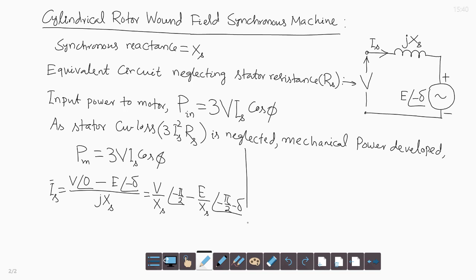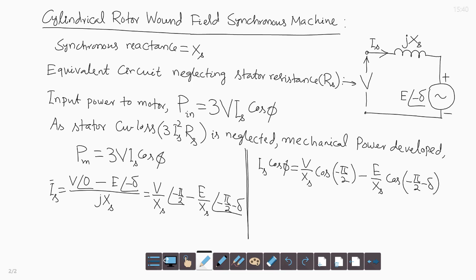So, with that, let us determine IS cos phi. In the power expression we have V IS cos phi. So, IS cos phi is V by XS cosine of minus pi by 2, minus E by XS cosine of minus pi by 2 minus delta.